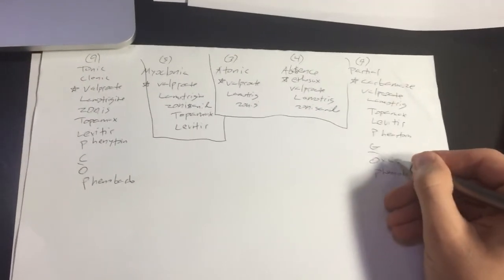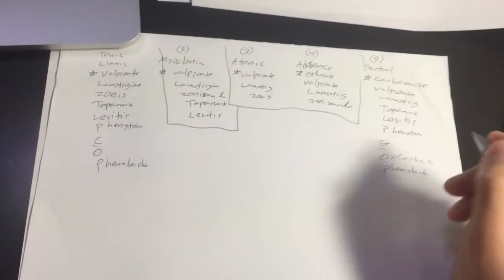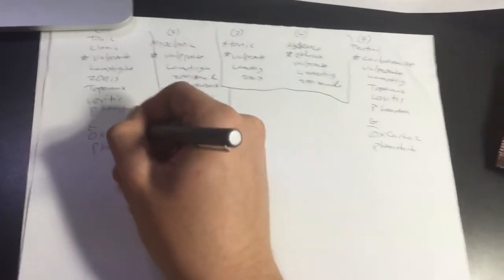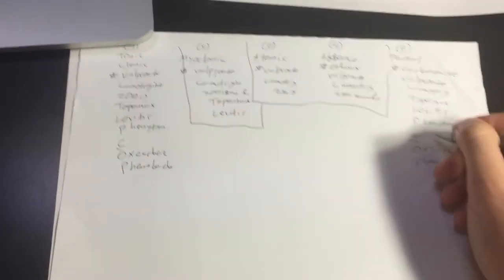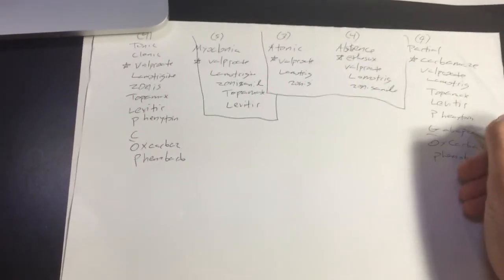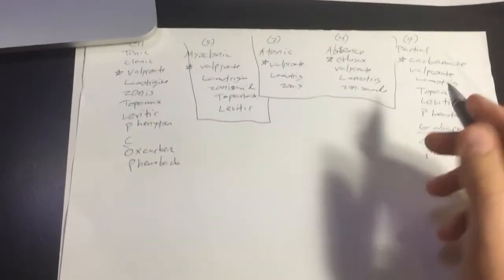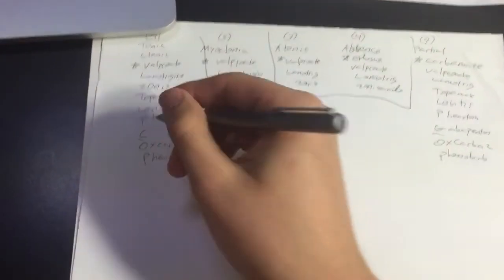This is the oxcarbazepine, and the only one that's different is this one is your gabapentin that was unique to this class, and the carbamazepine comes over here to this.